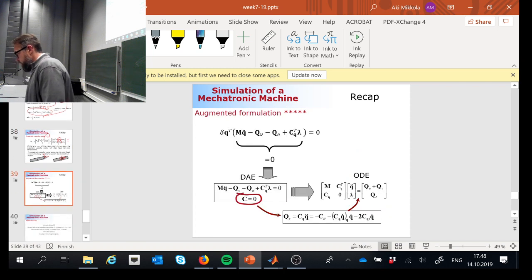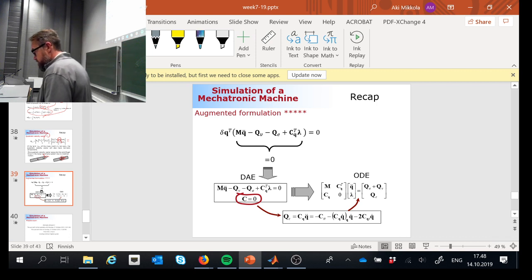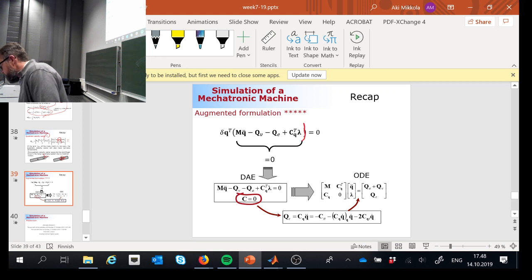Okay? How many formulas? 5 stars. So here, what is very important to know is the role of this component. Again, Lagrange multipliers are reaction forces due to constraints.